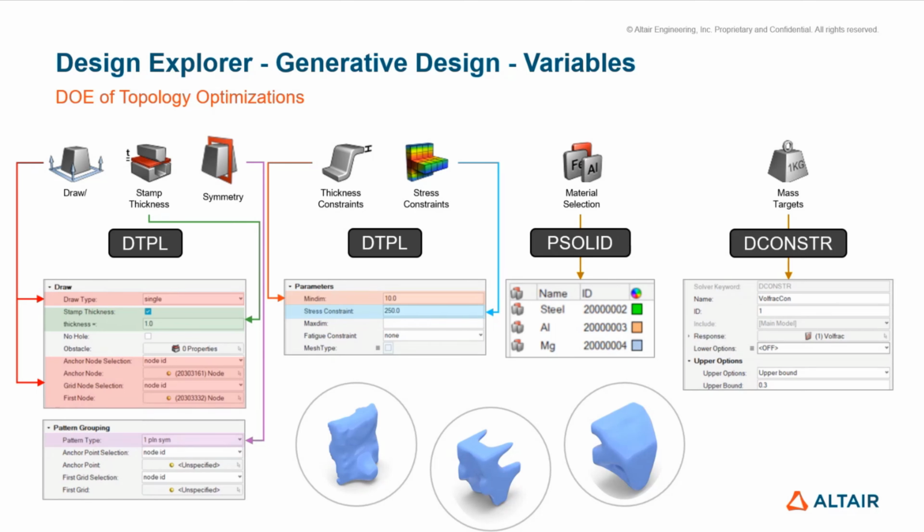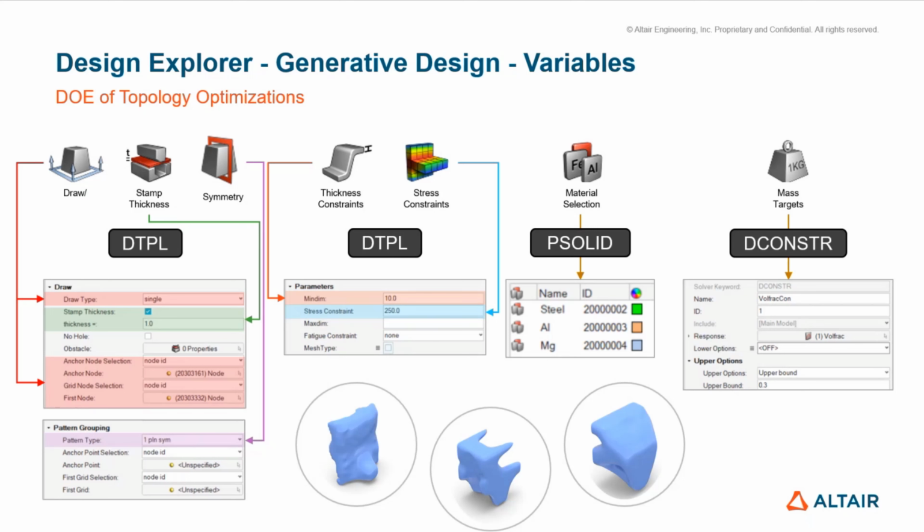If you set up a single topology optimization, you can specify a draw type. You can have no draw specified, or you can have a single draw in a given direction. Well, we let you play with that and say, I want to consider no draw, or I want to consider draw in the X, Y, Z, or custom direction of your choice. And I want to consider any of those to be feasible within my topology optimization.